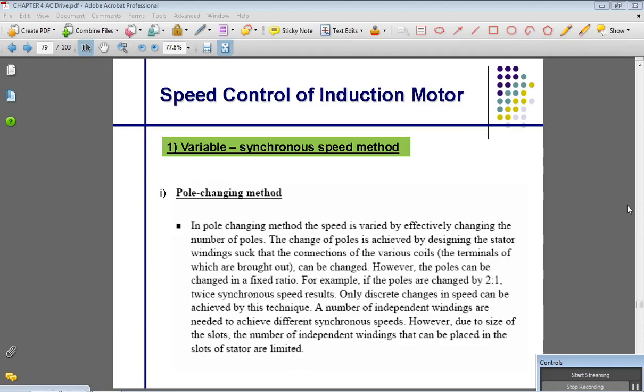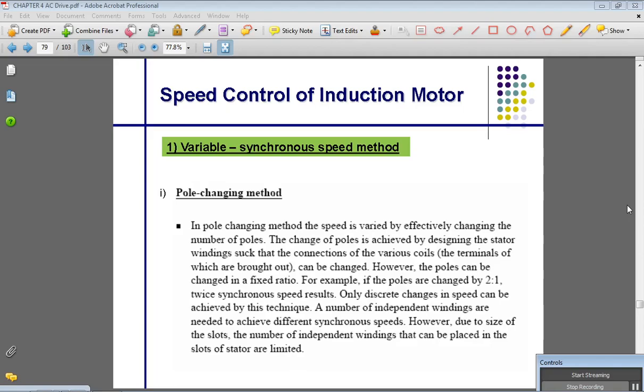However, the poles can be changed only in a fixed ratio. For example, if the poles are changed by 2:1, twice the synchronous speed results. So we have limited options to change the number of poles because of this 2:1 step ratio.